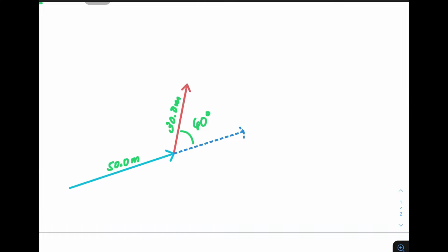We're going to use the same formula. So we have c squared is equal to a squared plus b squared minus 2 times a times b times cosine of the angle opposite of c.